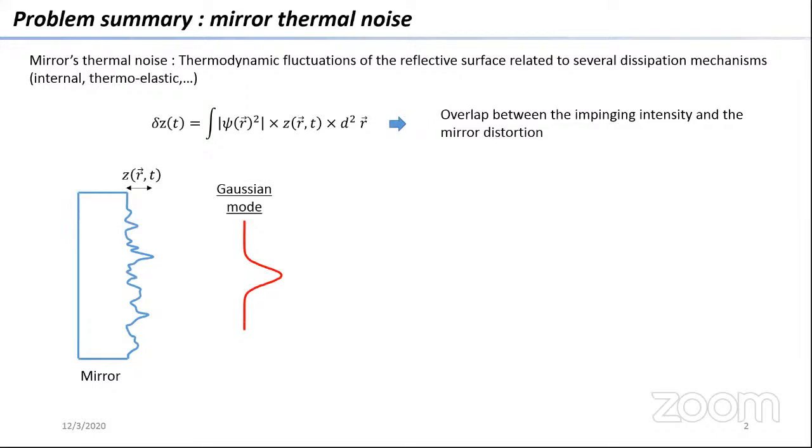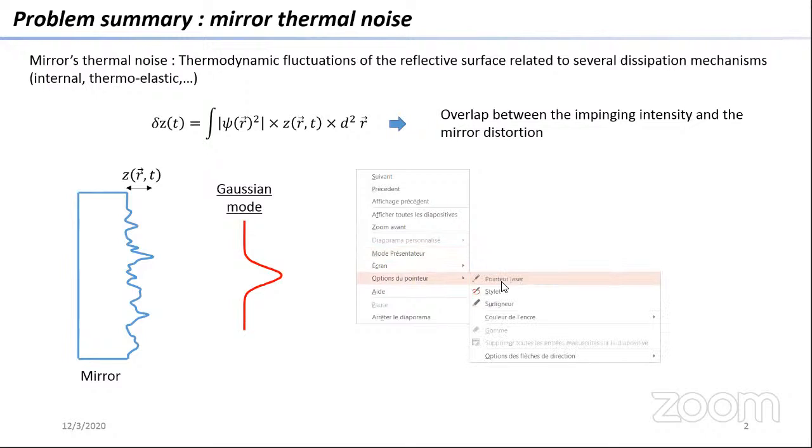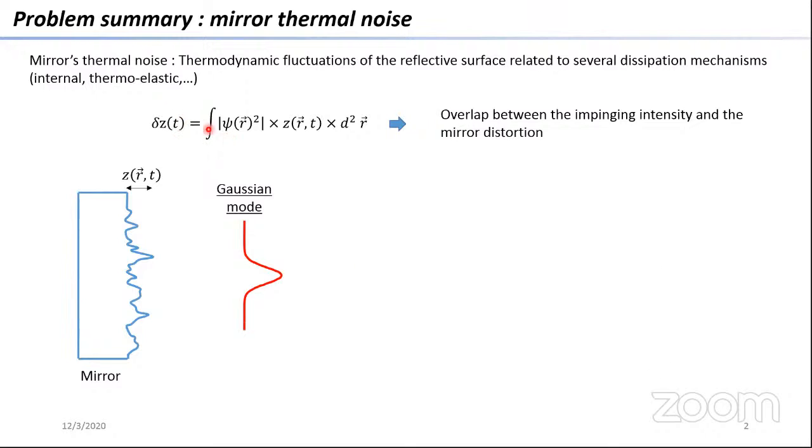These distortions are interpreted as the mirror displacement, given by this integral, the overlap of the intensity of the modes with the distortion of the mirror.